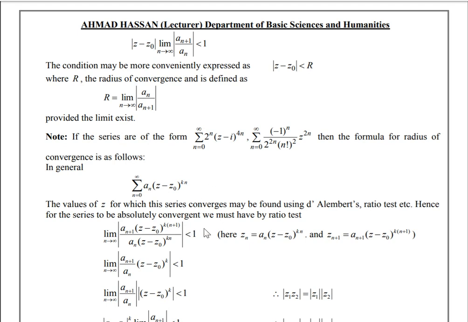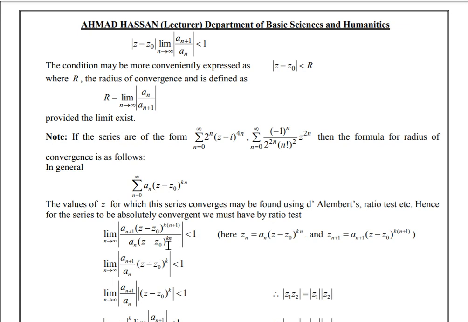Okay, the values of z for which this series converges may be found by D'Alembert ratio test. Hence the series converges absolutely if, here the nth term is an into z minus z naught power kn, and the n plus 1th term is an plus 1 into z minus z naught power k into n plus 1. Again by the ratio test, the n plus first term over the nth term, mod, limit n tends to infinity, the value is to be L, and if L is less than 1, the series converges.